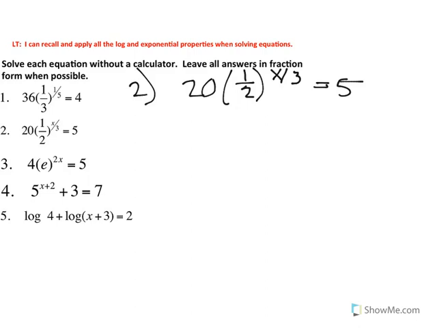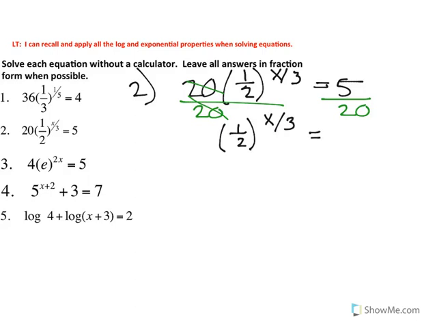Our first step is to always get rid of the constant or the coefficient if you have one. I do have one, which is 20. I want to divide it away on both sides, leaving me with 1/2 raised to the x over 3 power, which equals 1/4.